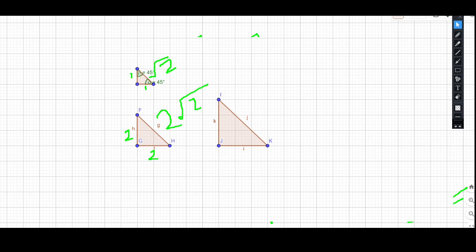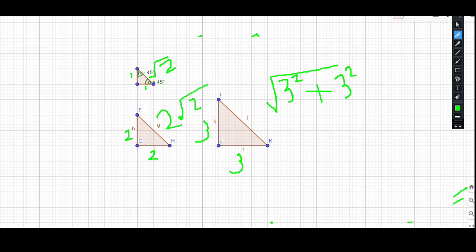That means this is also an isosceles right triangle with base and altitude 3 centimeters. This side is equal to 3 centimeters, and this one is also 3 centimeters. Then the hypotenuse of this triangle is equal to the root of 3 square plus 3 square, right?